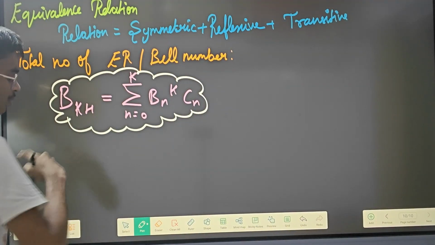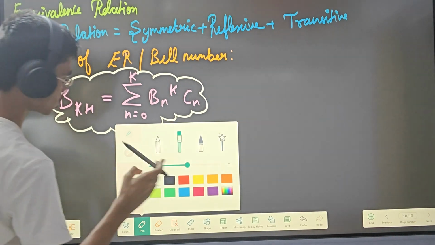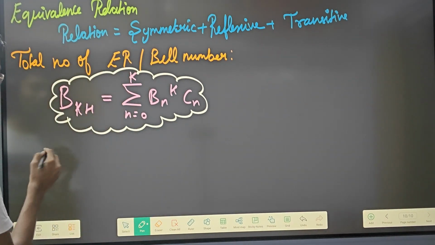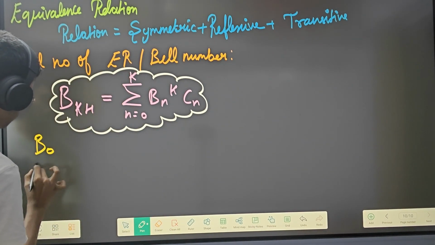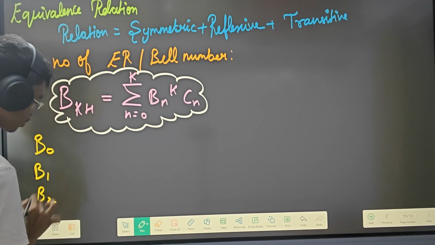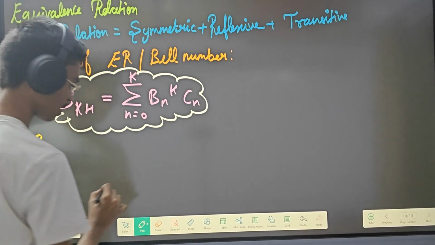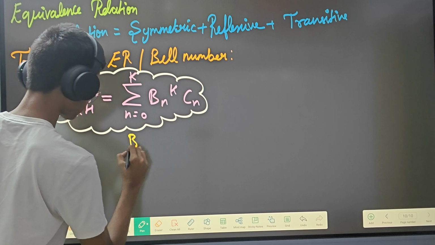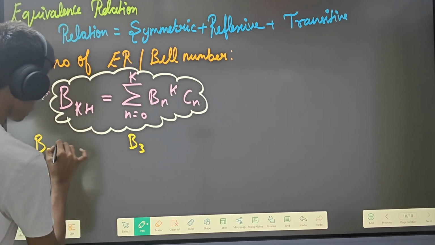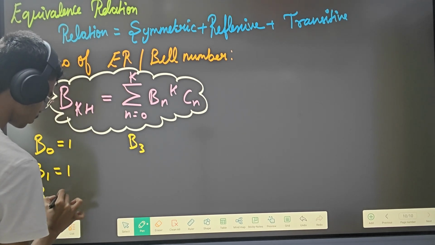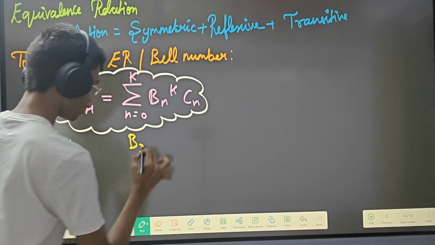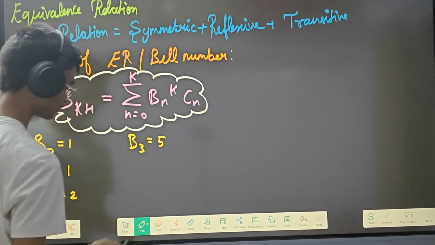Before that, you have to remember some values. These are golden values for this golden formula: B0, B1, B2 and also B3. B0 is equal to 1, B1 is equal to 1, B2 is equal to 2, B3 is equal to 5.